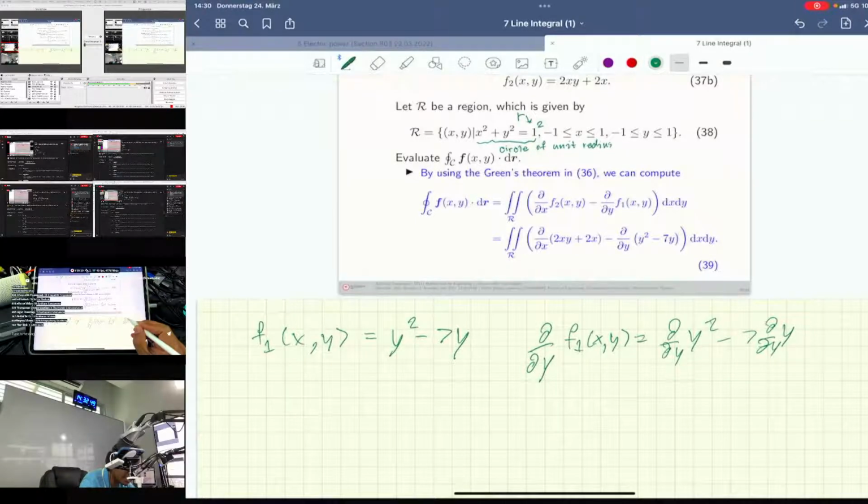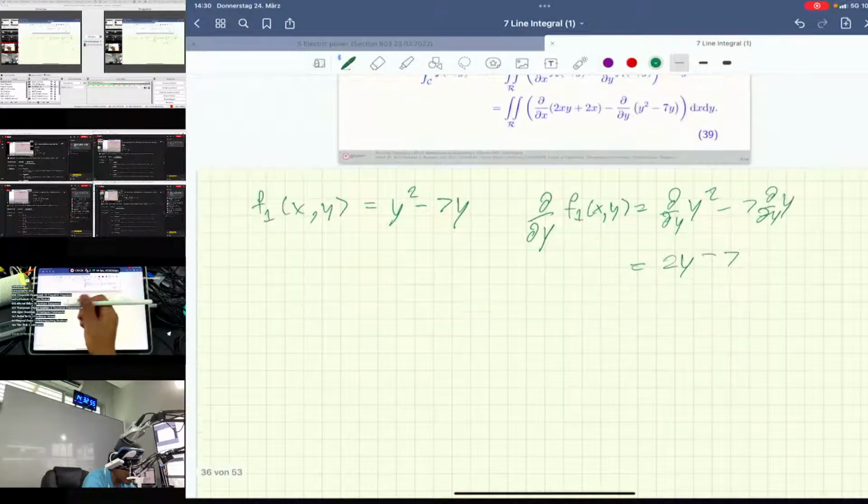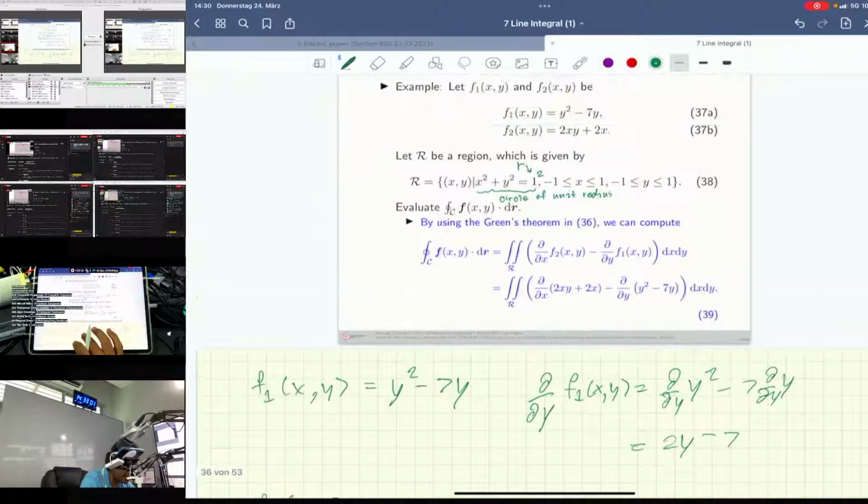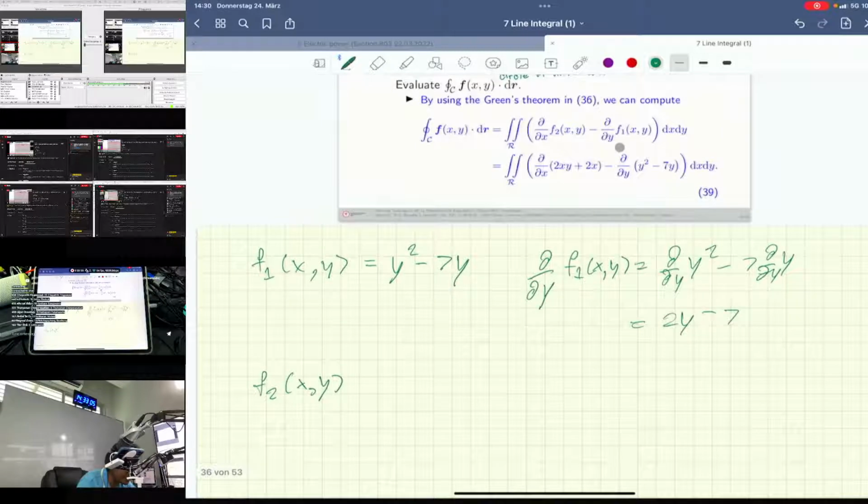So we have 2y minus 7, that's the partial derivative with respect to y of f1. And for us, f2 could be seen here in equation 37b, 2xy plus 2x. And the partial derivative with respect to x of f2 is the next quantity we are going to see.